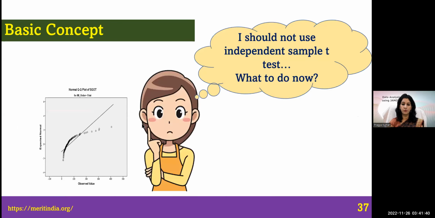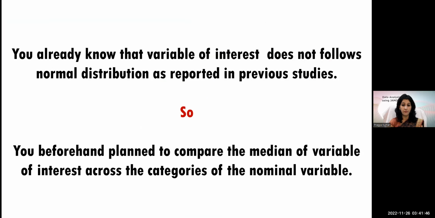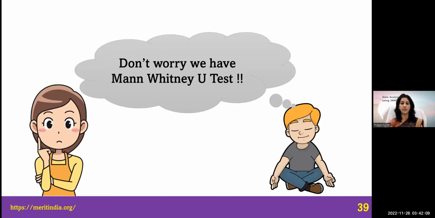So what will you do? You cannot do the independent sample t-test if the sample size is not that good. So in this case, you should go for the Mann Whitney U test. Mann Whitney U is preferred when you already know that the variable of interest does not follow the normal distribution as reported from the previous literature, or you had planned beforehand to compare the median of a variable of interest across the categories of a nominal variable.